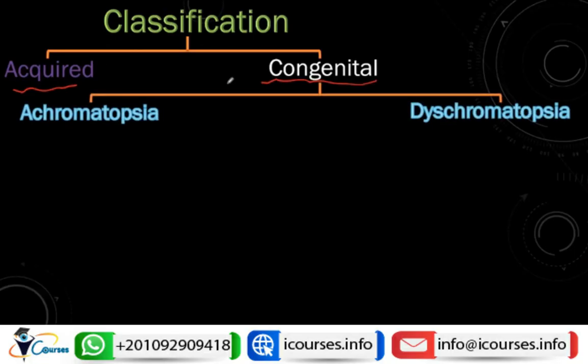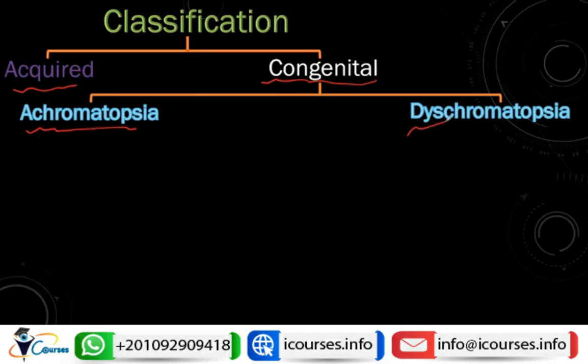The congenital can be divided into two main categories. The first is achromatopsia. Achromatopsia means that we cannot see any colors, or there is only a single photoreceptor type functioning. A means absent, chroma means color, opsia means vision, so there is absent color vision.